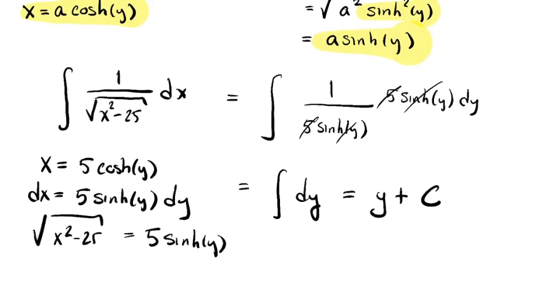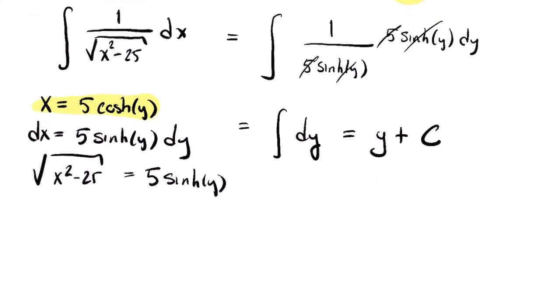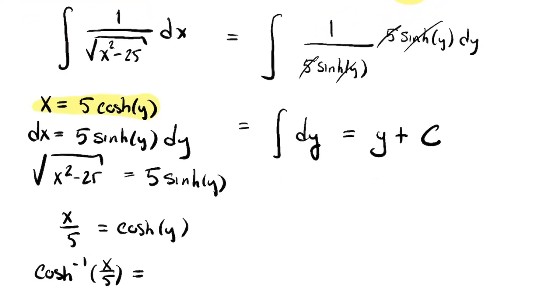And what's y? We have to go back to our equation that relates x and y. I can write it as x over 5 is the hyperbolic cosine of y. So you take the inverse hyperbolic cosine of both sides. End of the day, and my brain is getting tired here. The hyperbolic cosine inverse of x over 5 is y.